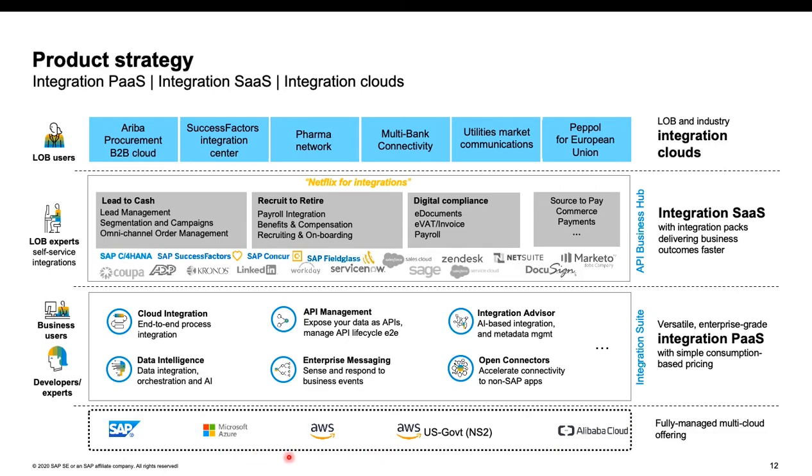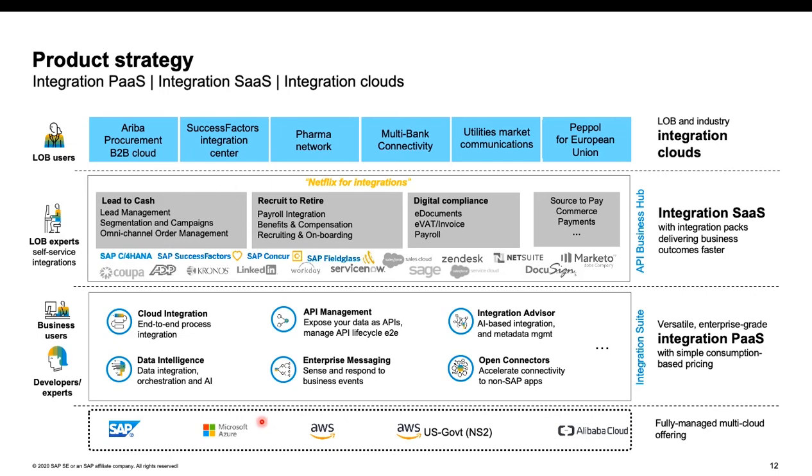Again, we run on multiple hyperscale environments. You as a customer can choose which is your preferred deployment option, and it's a fully managed cloud offering. So we run on Ali Cloud, Amazon Web Services, Microsoft Azure, and we do the entire lifecycle management of the SAP Cloud Platform. So we also do monthly updates, for example, of the SAP Cloud Platform and the integration suite on top.